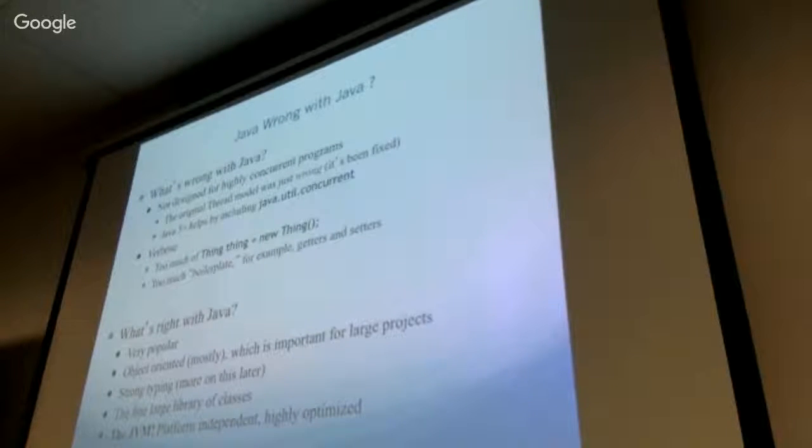The first thing I'll say is that when Java was first designed, it had a lot of multi-threading concepts in it, but the threading model itself was incorrect. It was fixed in Java 5, but it still continued to be a very verbose language. For example, if I want to write a very simple line of code, I have to type Thing thing = new Thing.